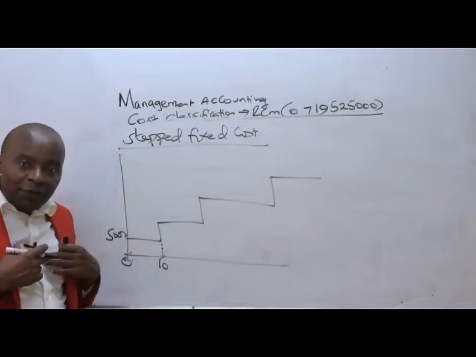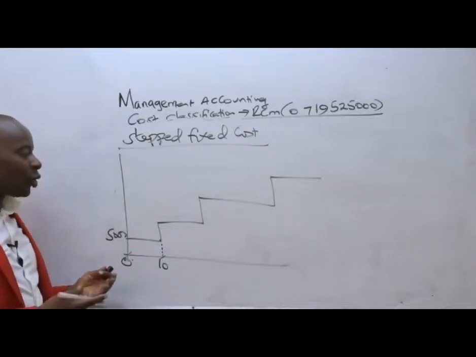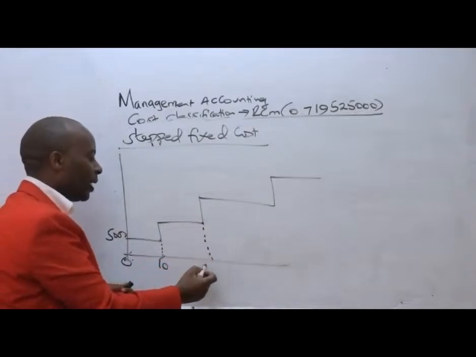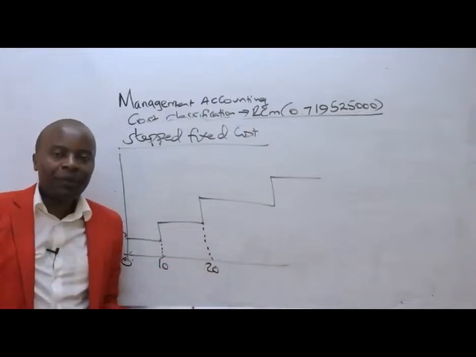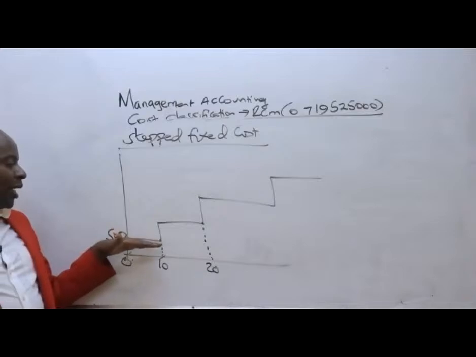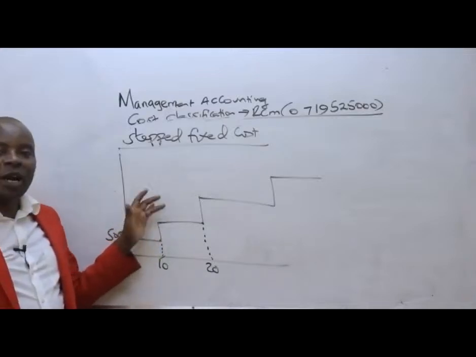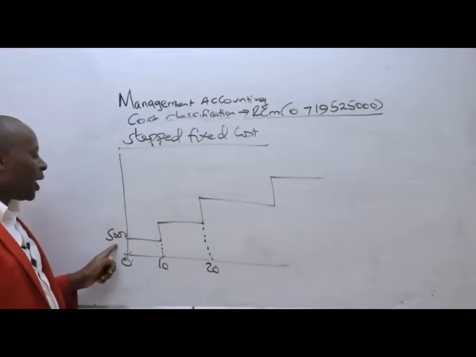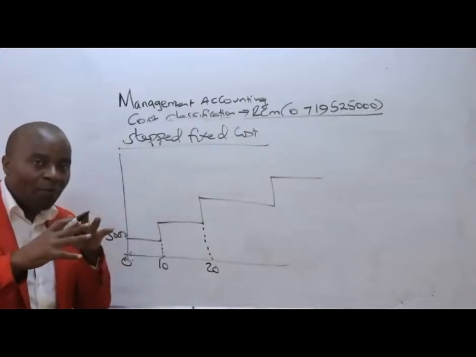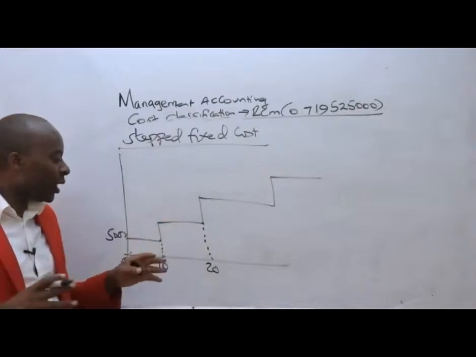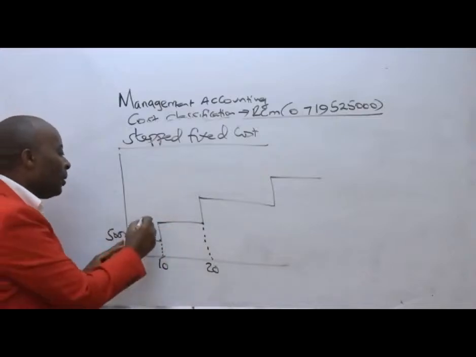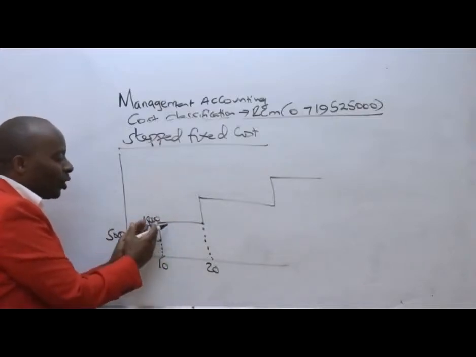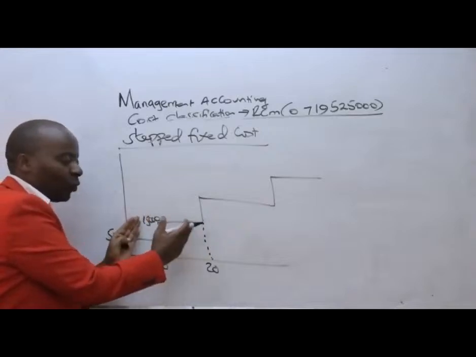But now what if we get more than 10 students, and perhaps go to 20? Of course, our rent will have to hike because we will want more space. So perhaps we could move from 5,000, depending on how big this other space is, to maybe 15,000. But again, we are going to remain with this 15,000 for that range.